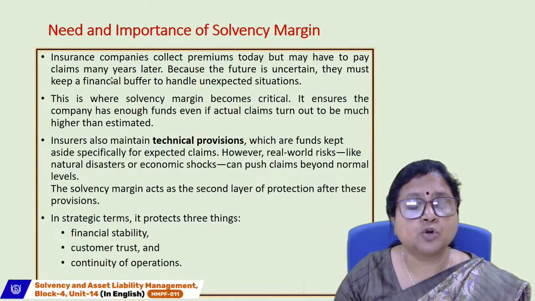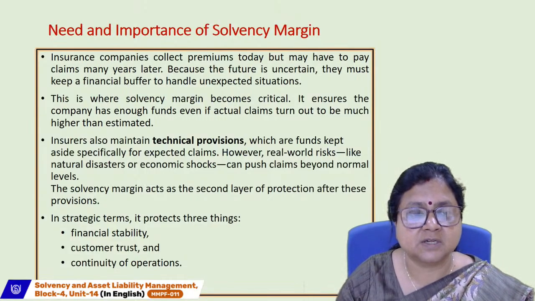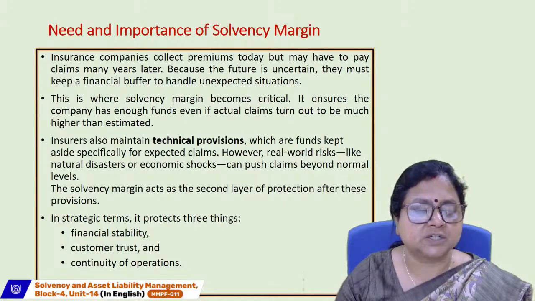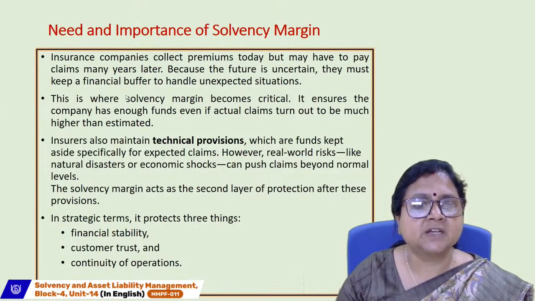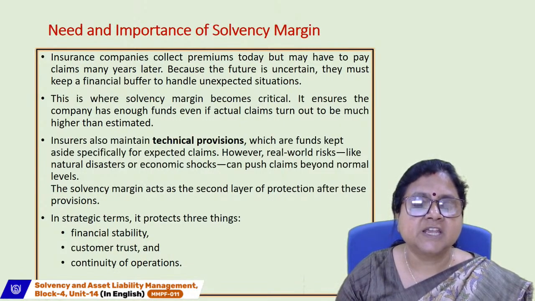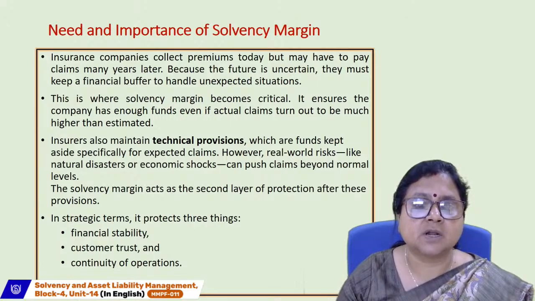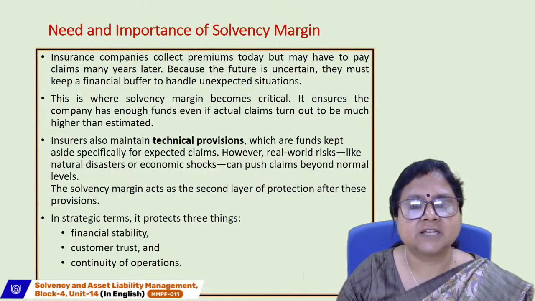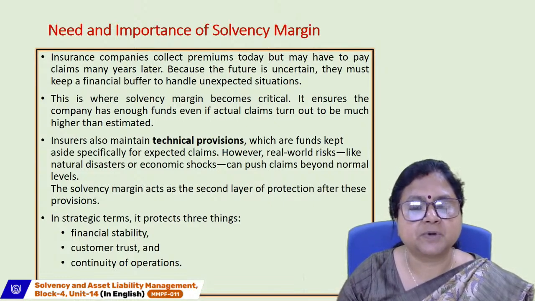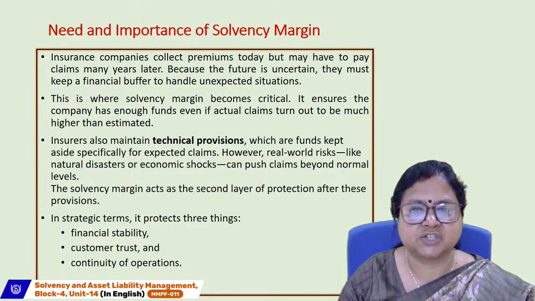Because the future is always uncertain, the insurance companies must keep a financial buffer to handle these unexpected situations. This is where the solvency margin becomes very critical. It ensures that the company has enough funds even if actual claims turn out to be much higher than estimated. They have to maintain a minimum 150% of solvency margin.